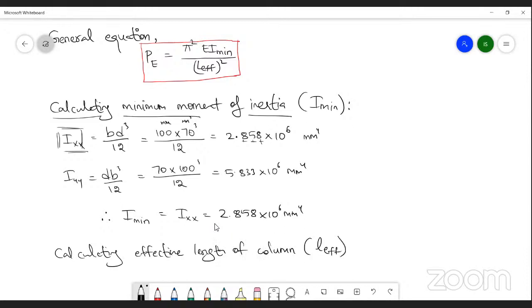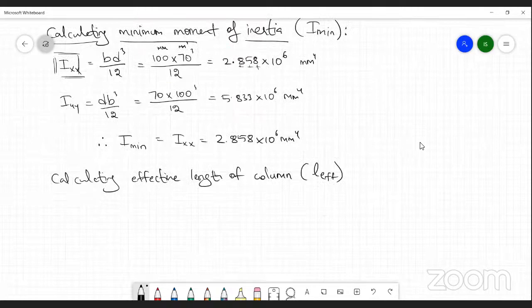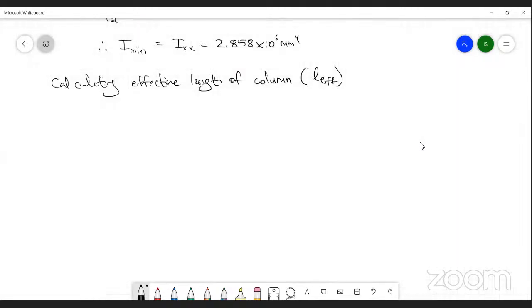If you remember in the question, they have mentioned that both ends are hinged. Since both ends are hinged, the L effective formula will be L. Whatever L is, that will be the effective length.